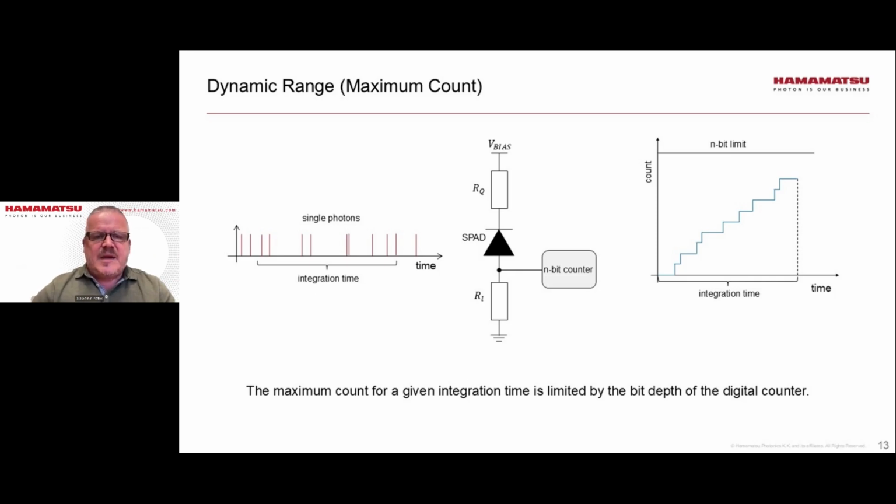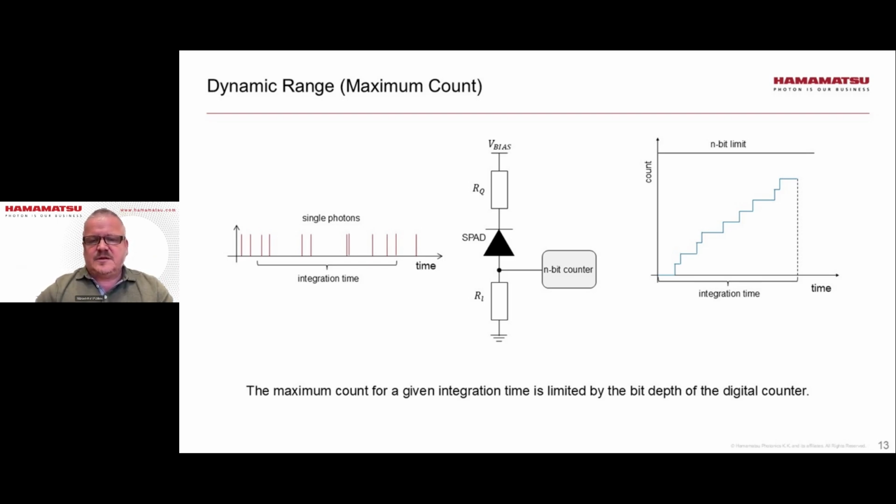The other type of dynamic range corresponds to, let's say, amplitude. So again, a SPAD can only produce 0 or 1, click or no click. However, suppose I now connect a counter with a number of bits n, and I'm going to count events over a certain integration time.